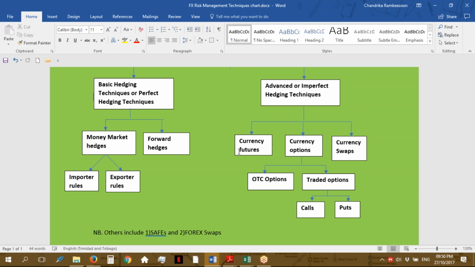However, yes, I put it there, but really, as I said, you do not use a currency swap to hedge against transaction risk associated with normal trading transactions. And of course, when I show you the procedure with a swap, you'll see exactly what I mean. So if you have to write about it, and this is why I'm clarifying it, don't go telling the examiner, or the marker, that currency swaps can also be used to hedge normal transaction risk. Okay, that's why I'm making that clear here.